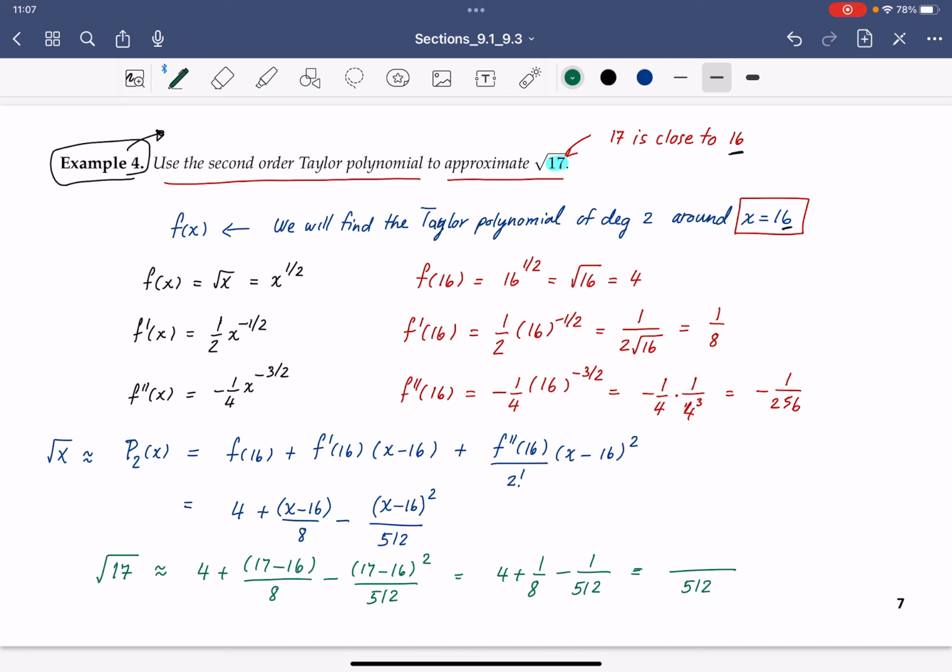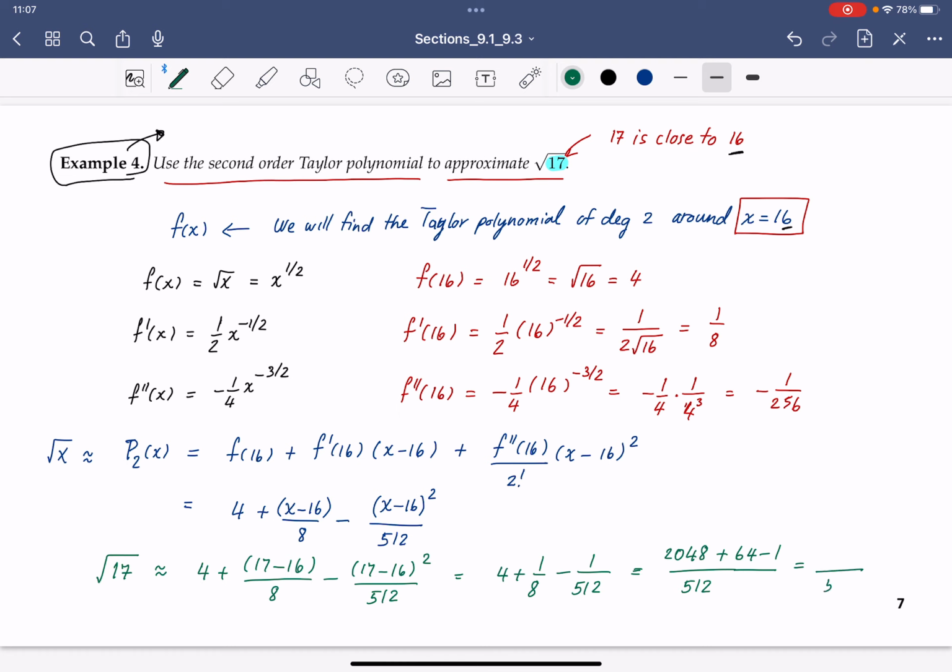And then you multiply 4, so that thing is going to be this number, and then plus 64, and then minus 1. It's just the calculation here, and then we compute it by hand.